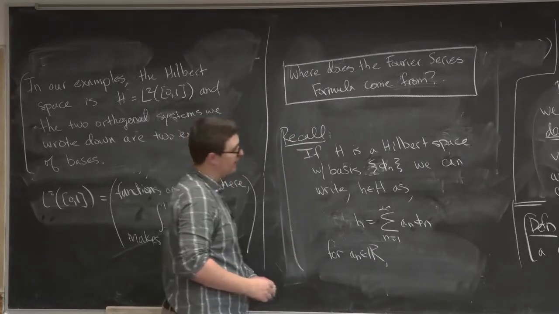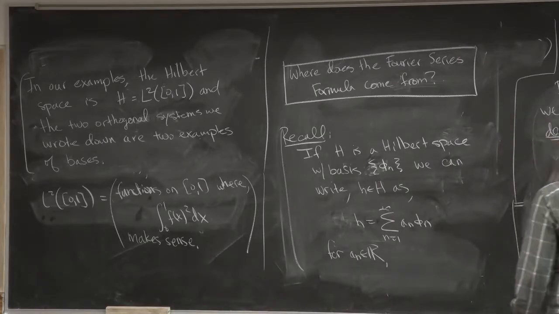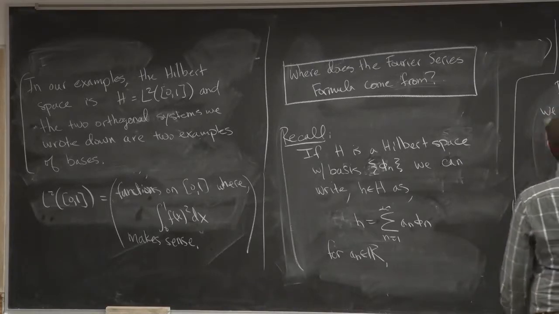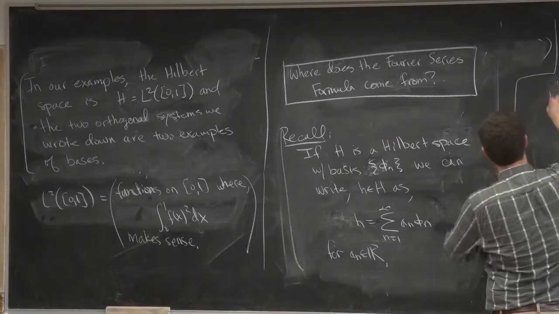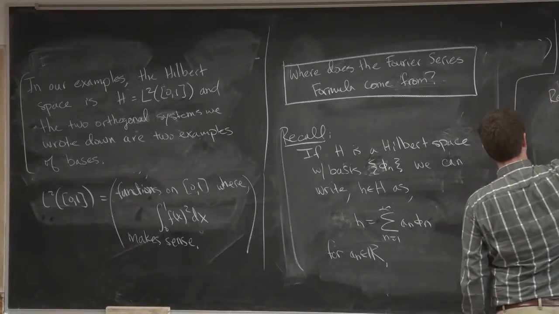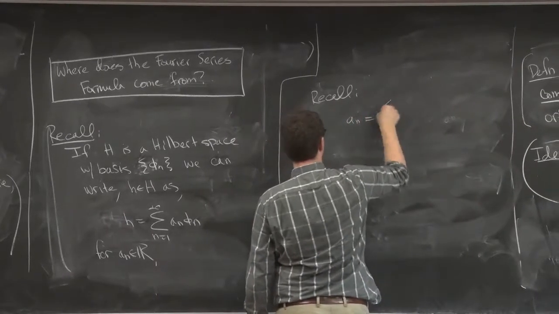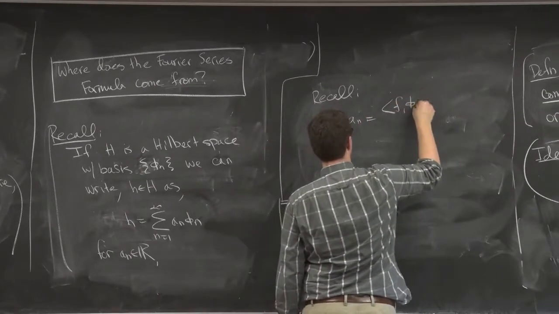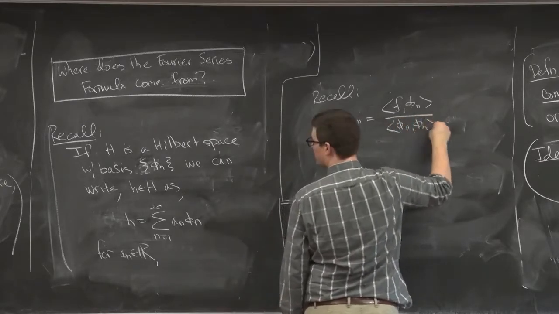We'll do this for right now. Okay, and then what did we do? So we recall that we had a_n was the inner product of f with phi n over the inner product of phi n with phi n.